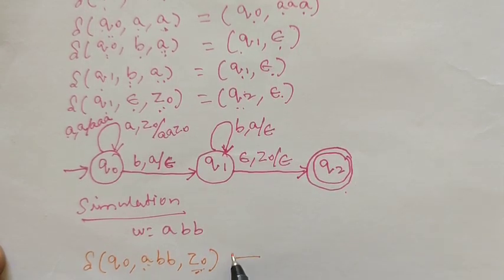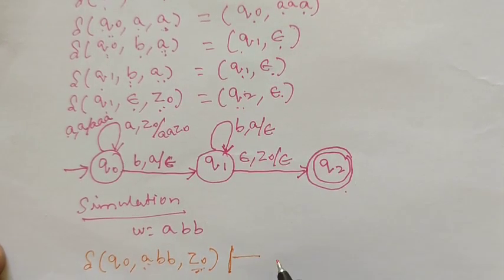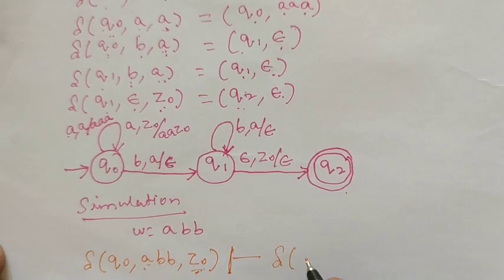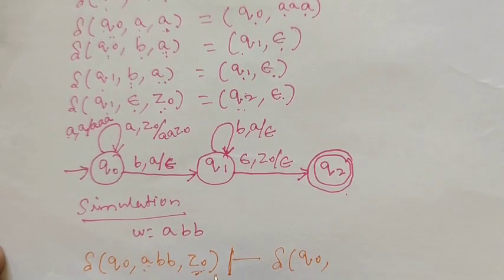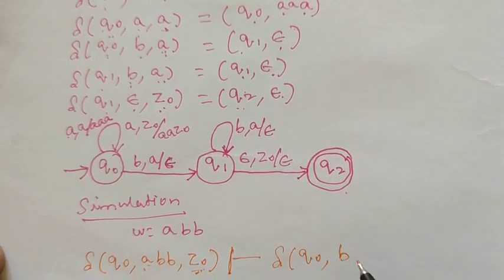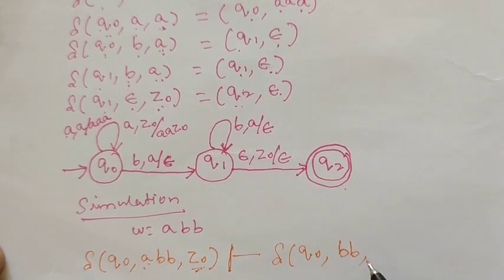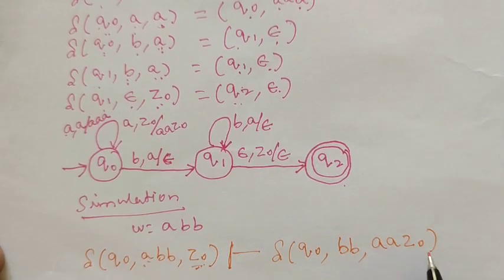So we'll be standing in state Q0. For every one A, we push two A's inside the stack. The remaining input will be BB, and the stack now will consist of AA Z naught.